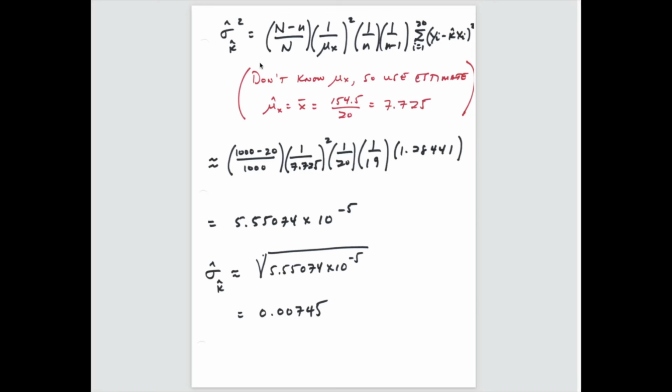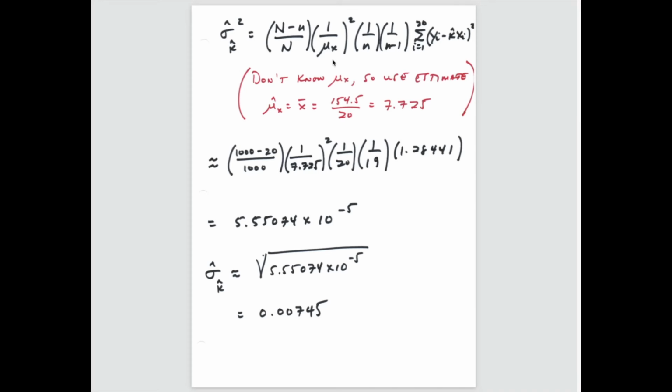Okay, so here is the formula, reproduced here, written down. And we know all of these values except mu sub x. So this is a situation right off the bat where we actually don't know mu sub x. So what we're going to do is estimate it, right?